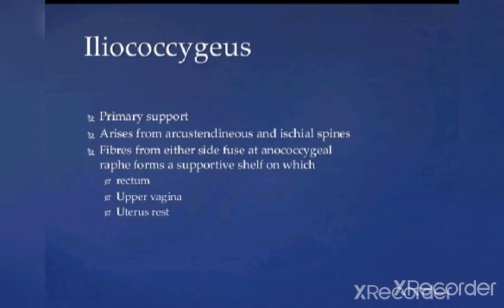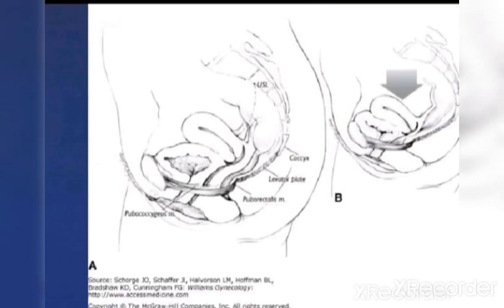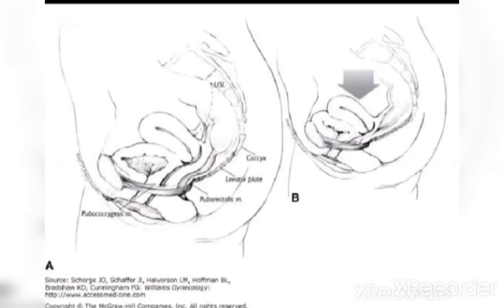Fibers from either side fuse at the anococcygeal raphe and form a supportive shelf on which the rectum, upper vagina and uterus rest.